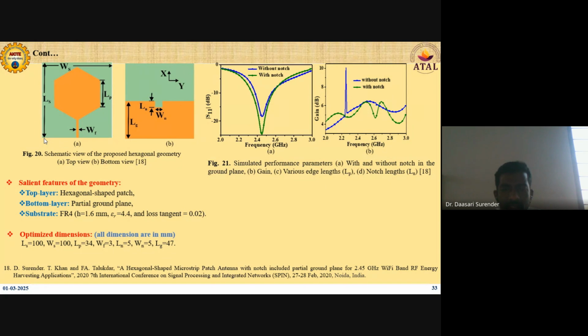By incorporating the notch, the impedance matching performance has been increased, and we can also observe an increment in gain at the resonant frequency, not at all the frequencies. So at the resonant frequency, we can observe the increment in gain performance.